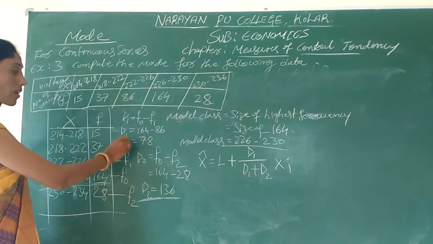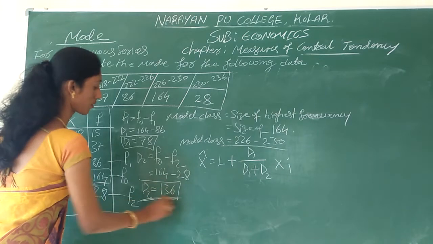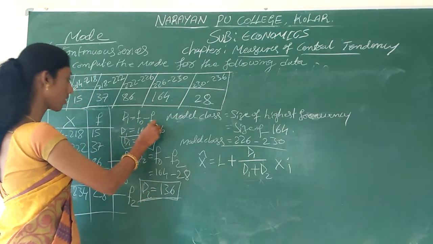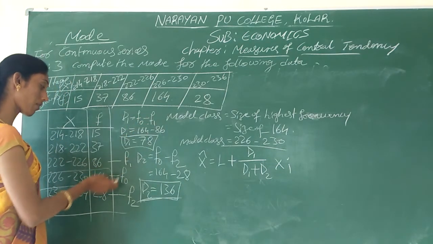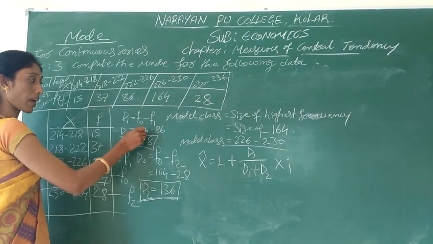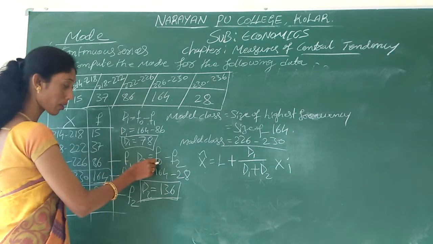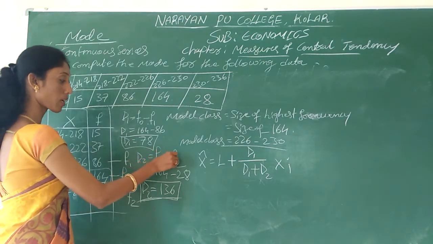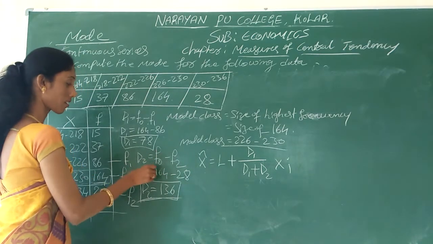How to get the D1 value and D2 value? Here F0 means frequency of the modal class, F1 means frequency preceding the modal class. Subtracting these two we get D1, and D2 means frequency of the modal class minus frequency succeeding the modal class.